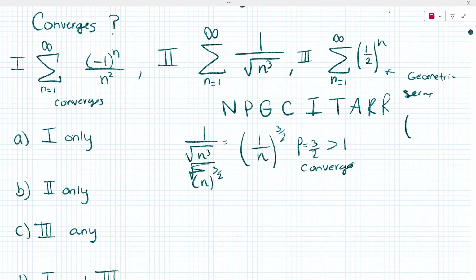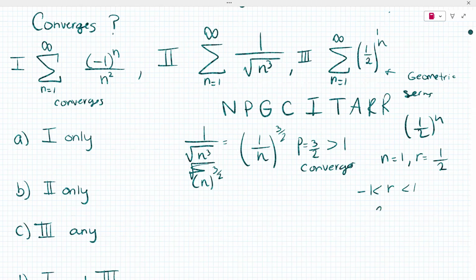It can be written as 1/2 raised to the n, and our r is 1/2. r is less than 1 but greater than negative 1. Yes, it is less than 1 and still positive.